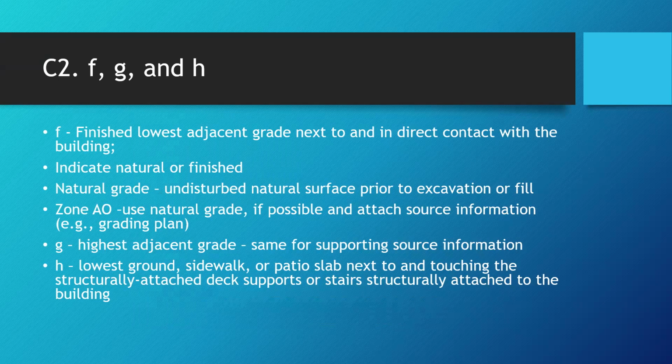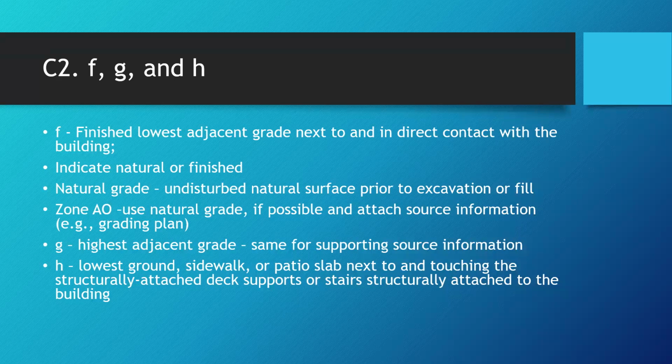So C2F, G, and H. So this is lowest adjacent grade, highest adjacent grade, and then the deck or stairs that are structurally attached to the building. So C2F, they're asking whether it's natural or finished. And again, the lowest adjacent grade next to and in direct contact with the building foundation. So again, natural grade, undisturbed, no excavation, no fill.